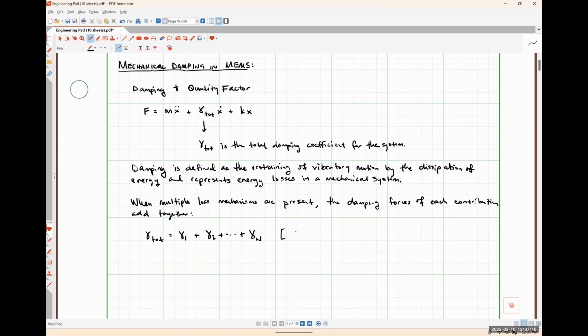And the units of our damping coefficient are newton seconds per meter.